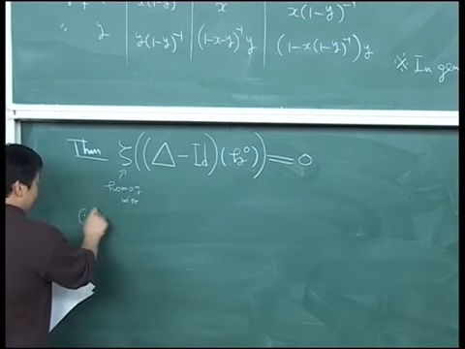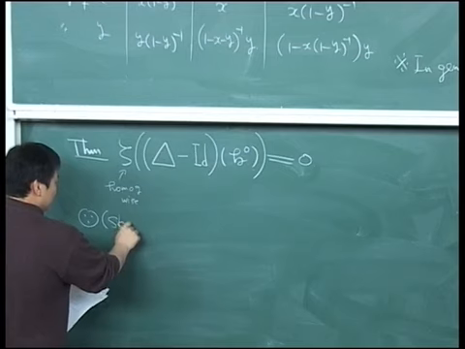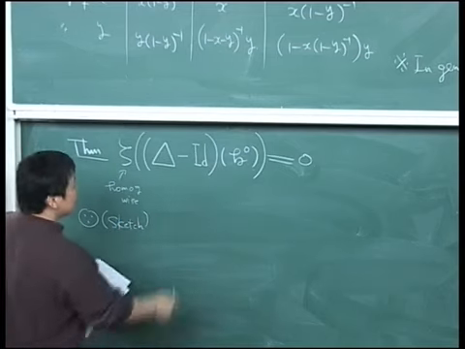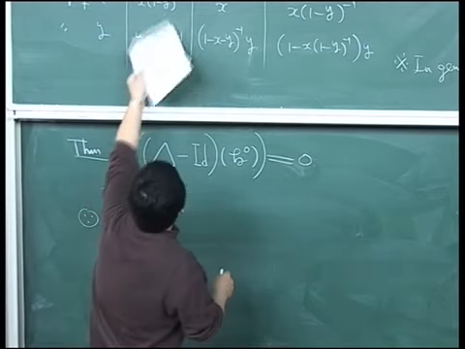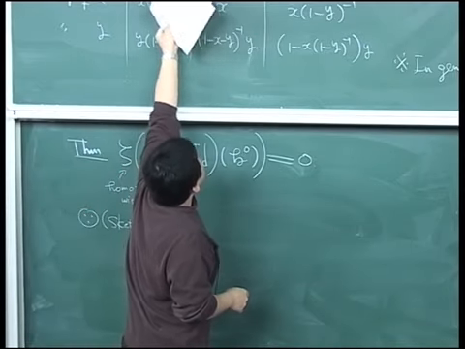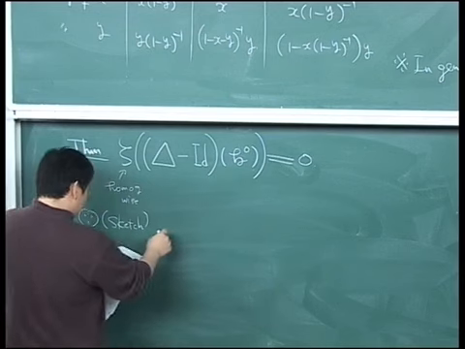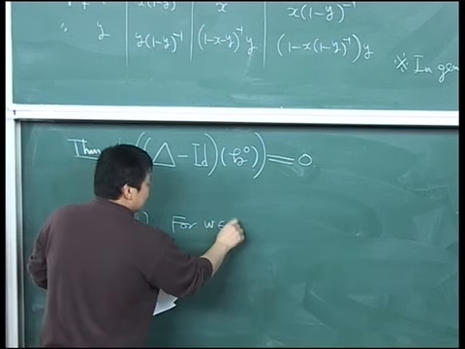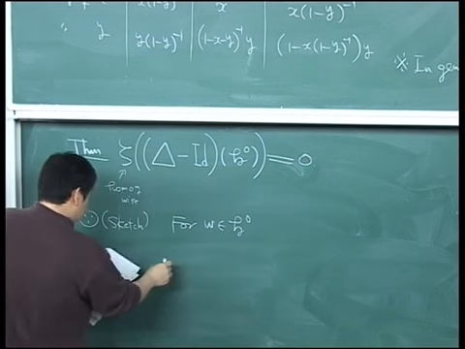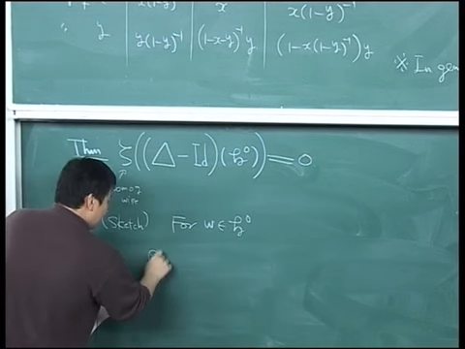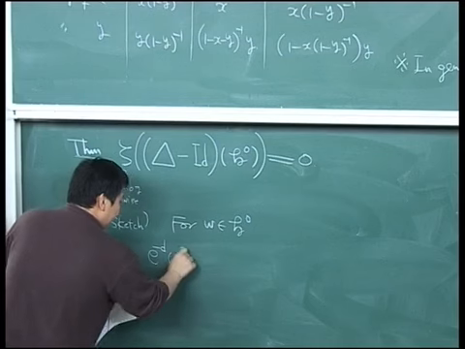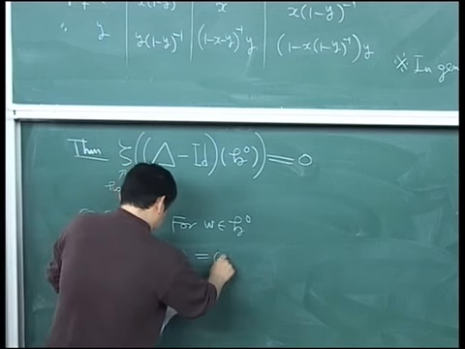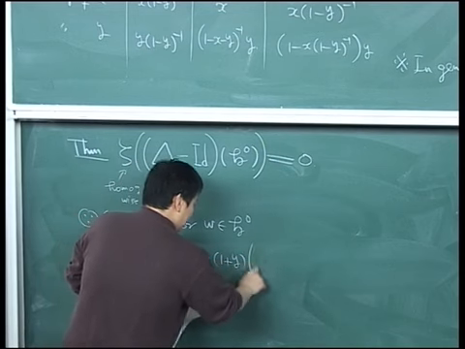So here is a rough sketch of the proof. From the definition of the derivation D and delta, the shuffle product and the harmonic product, we can prove for any element in H node this one expressed by this.